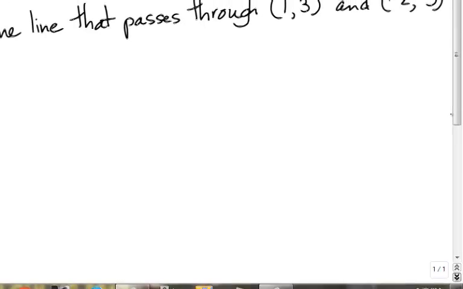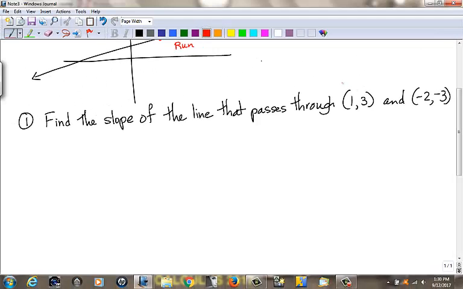Okay, I'm going to do this both ways. So I'm going to label this one as my x sub 1, y sub 1. This one is my x sub 2, y sub 2.